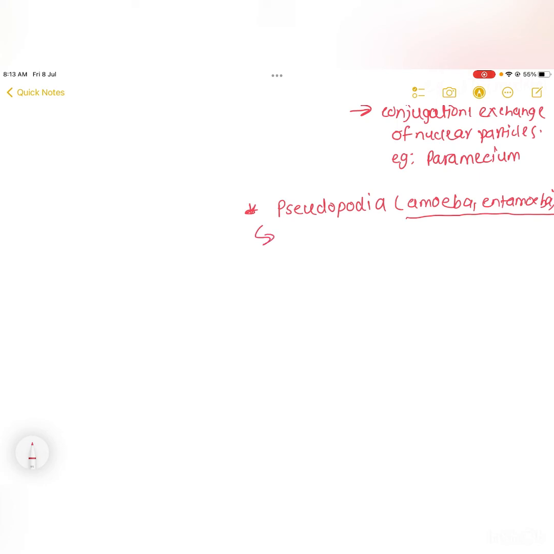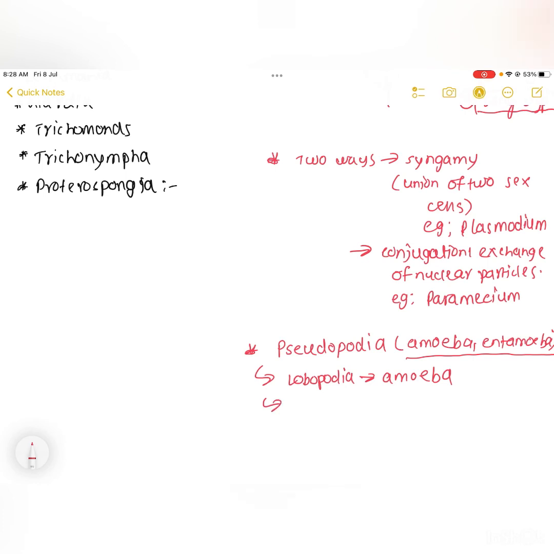Pseudopodia also has types. One is Lobopodia. Lobopodia is found in amoeba. Another is Filopodia, found in Euglypha. So these two you have to remember.